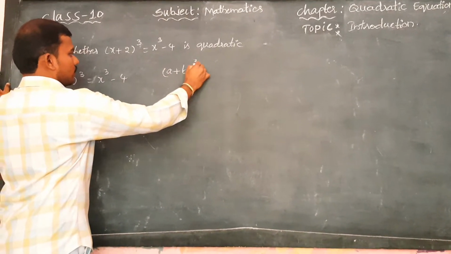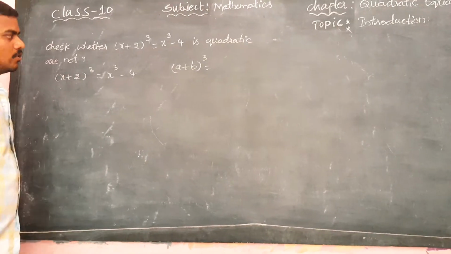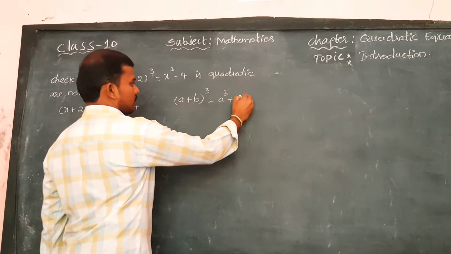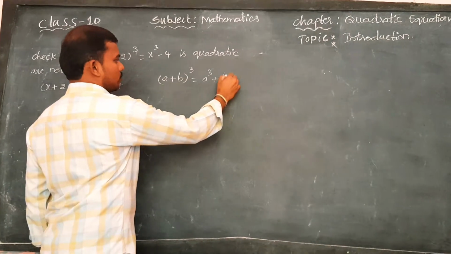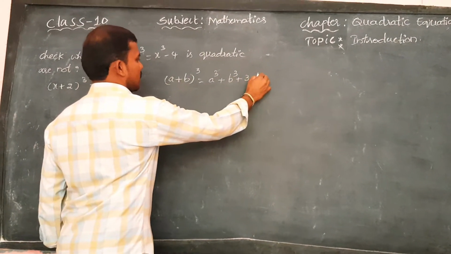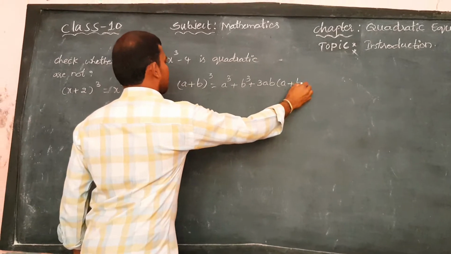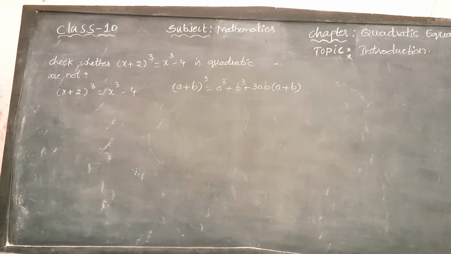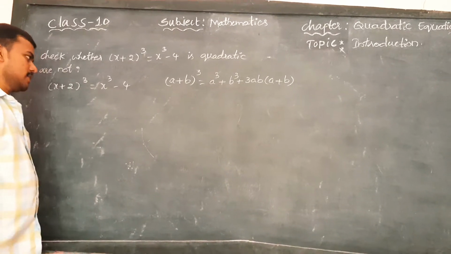The formula for a plus b whole cube is a cube plus b cube plus 3ab into a plus b.